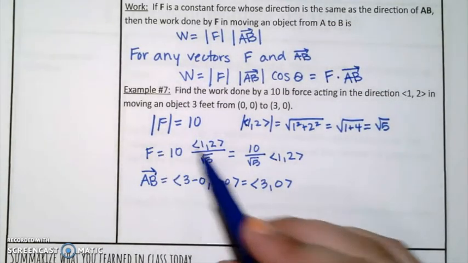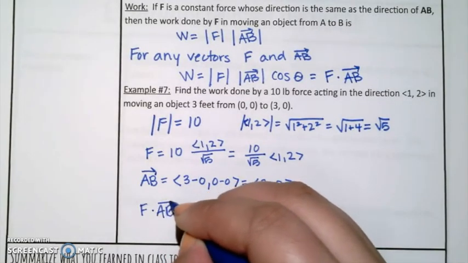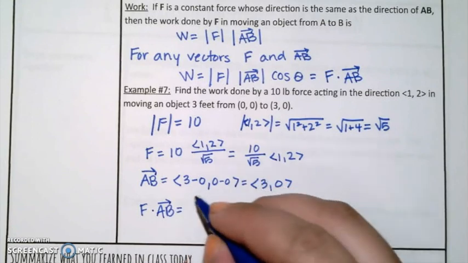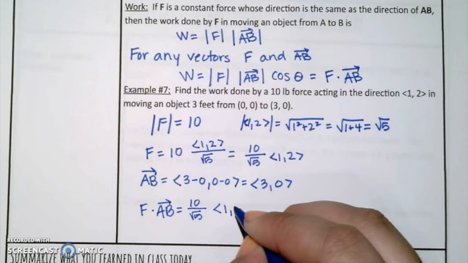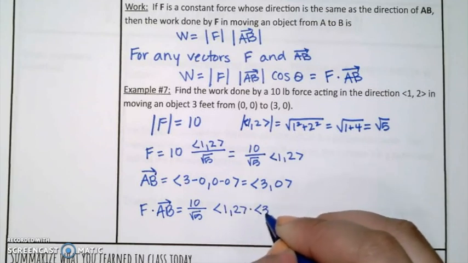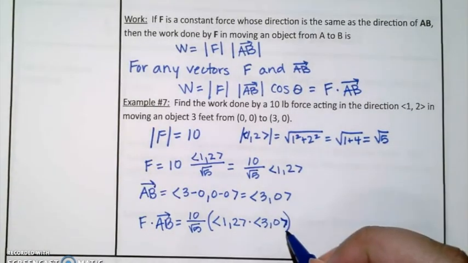So F dot AB equals 10 divided by the square root of 5 times 1, 2 dot 3, 0. I'm going to do the dot product first.